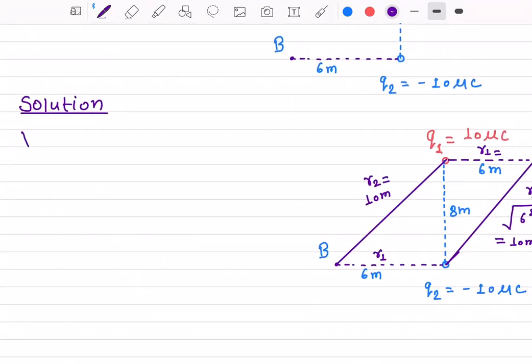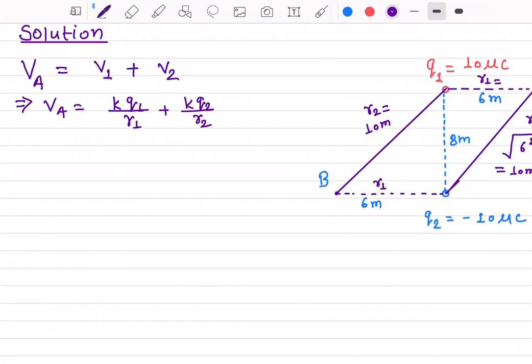So potential at point A is V1 plus V2 due to these two charges. And what is that? KQ1 over R1, and this would be KQ2 over R2.